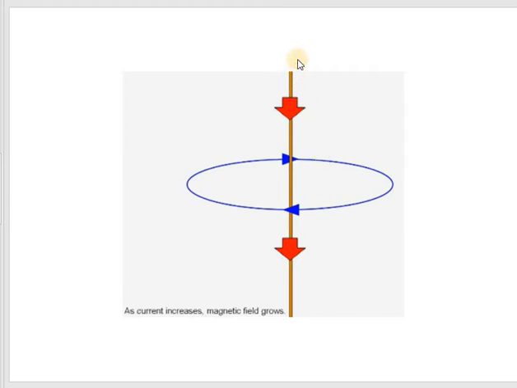So if you take your right hand and point your thumb to the magnetic field flow, then you would know that the current is curling in a clockwise motion. So in this situation, as current increases, the magnetic flow will also increase around it.